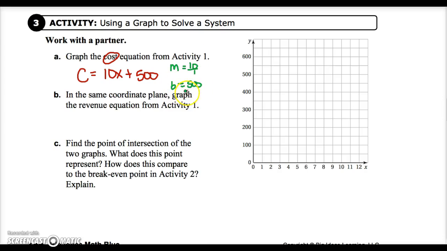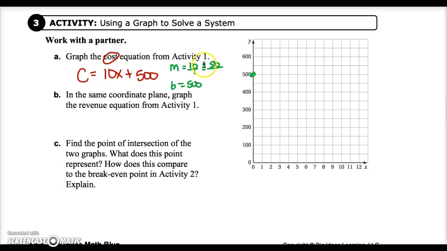So you plot the y-intercept first. So I'm going to come up to 500. And then for the slope, we need to rise 10 and run 1. So I need to go up 10 and run 1. Well, my graph goes essentially by 50s. This mark in the middle would be 550. Okay? So if I went up 50, I change this a little bit.